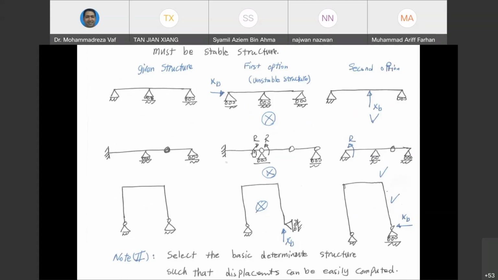So if you have a hinge, it's going to be 3 hinge. That is again become unstable. So for this case, you can assume that the bending moment here is the redundant one, and you can replace it with a pin support, and you will be interested to calculate how much is that bending moment. This structure right now is stable structure, and there is no problem with that.